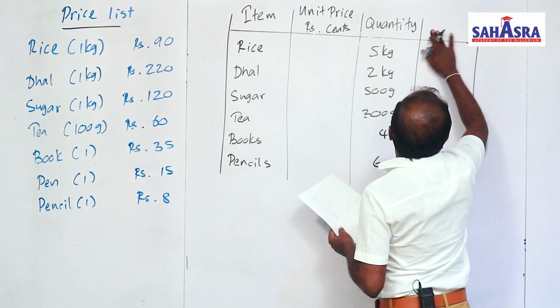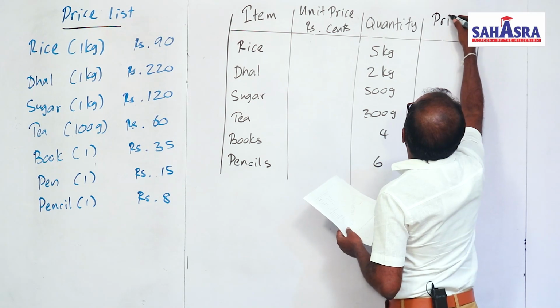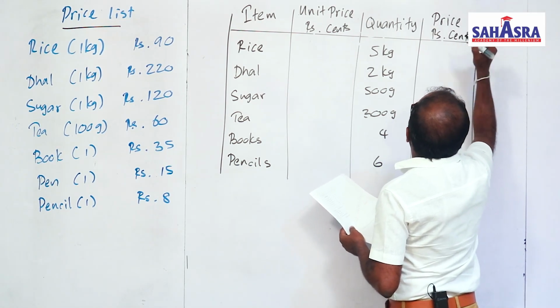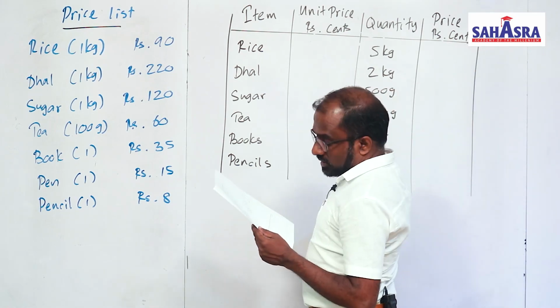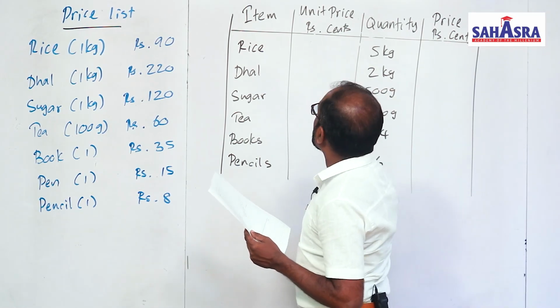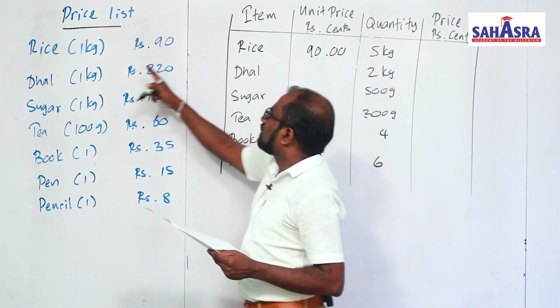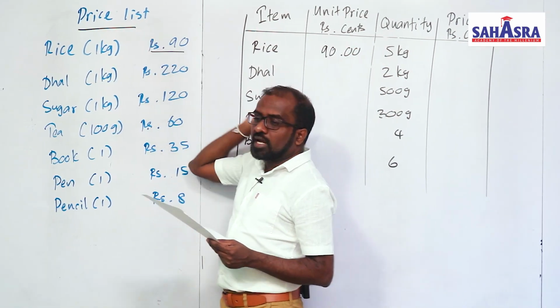Here also you can put the price in rupees and cents. Right. So rice. What is the price of 1 kilogram of rice? 90 rupees. 1 kilogram of rice is 90 rupees.